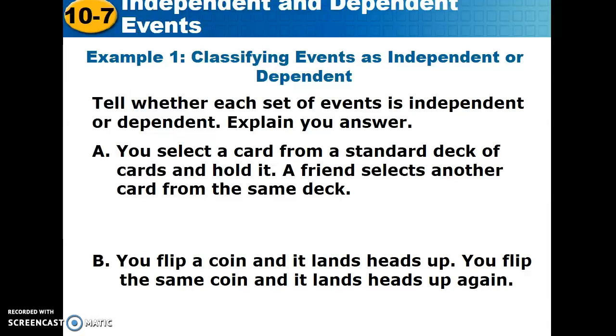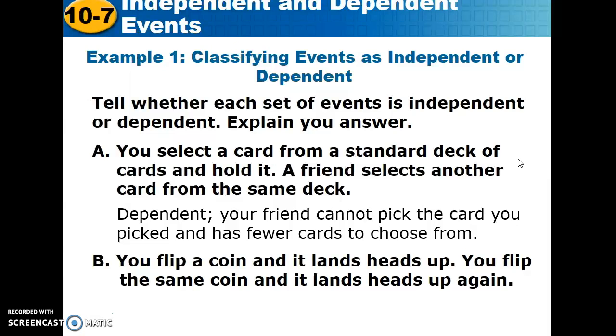Are those independent or dependent events? The fact that you kept the card out and then your friend picked from that same deck would indicate that you have a dependent event. Your friend has fewer cards to pick from. The event of her or him choosing a card depends on you picking one and keeping it.